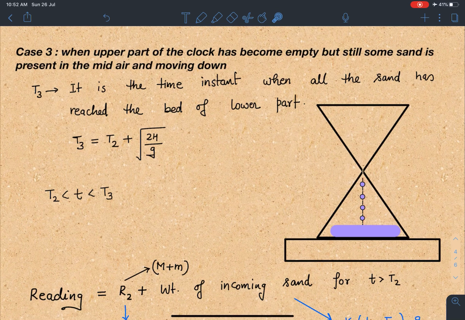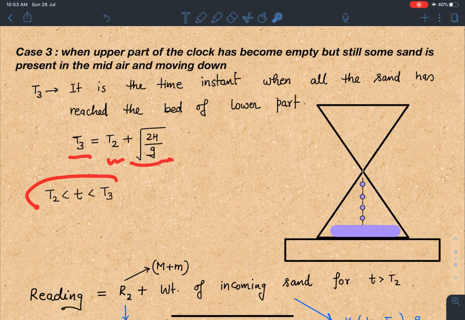So here, third case I am writing, when the upper part of the clock has become empty, but still some sand is present in mid-air and it is moving down. So I am defining a moment t3. It is the time instant when all the sand has reached the bed of the lower part. So I can simply say this t3 is t2 plus the time of falling from here to here. So I can write this t3 as t2 plus root of 2h by g.